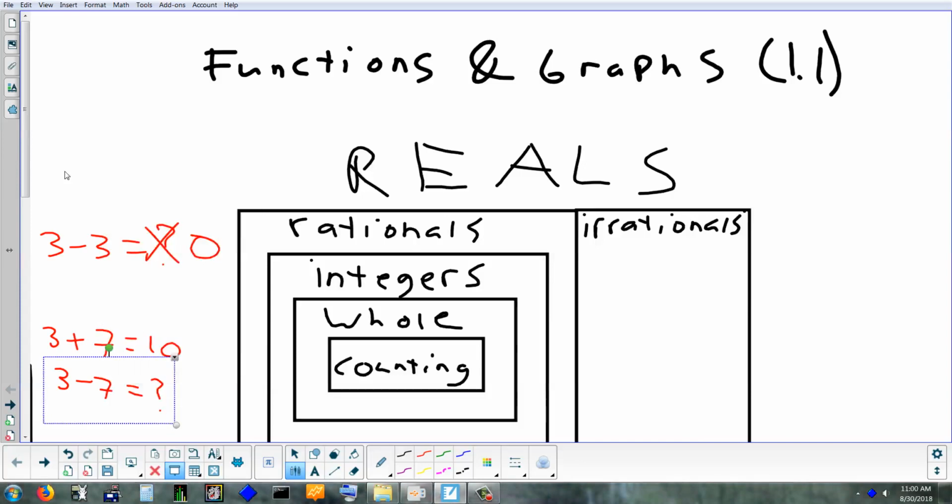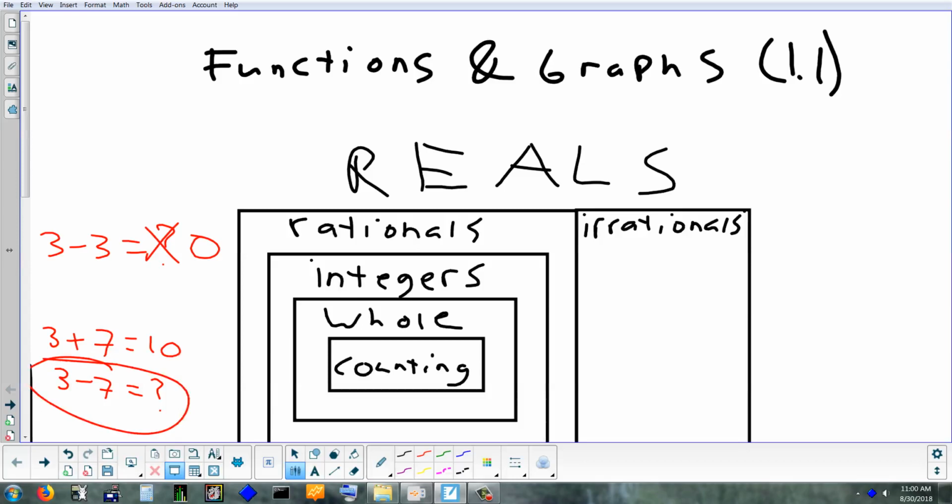What do you get if you do 3 minus 7? Negative. Is that a whole number? No. Whole numbers don't include negatives. They're basically like counting numbers, except they also have 0. So that's why we invent the next set of numbers, integers. Now we can answer that question. Okay. Without integers, we have to say what I just circled is undefined. Can't be done. Can't take away more than you have. It doesn't make sense.